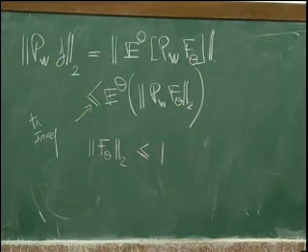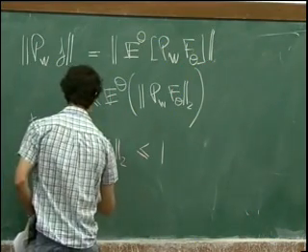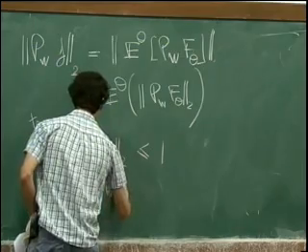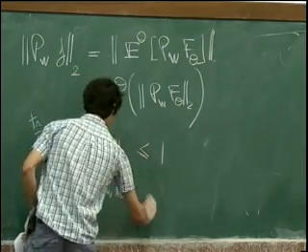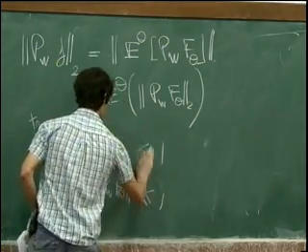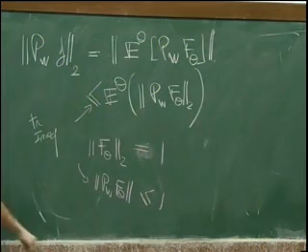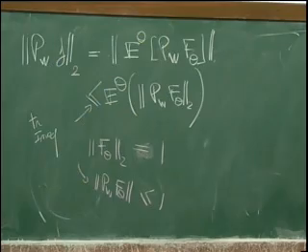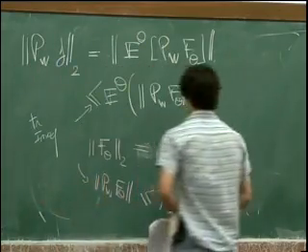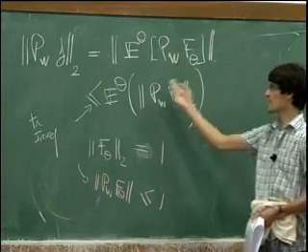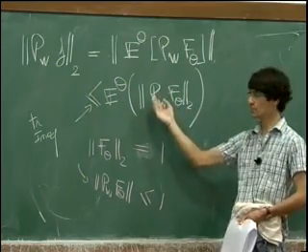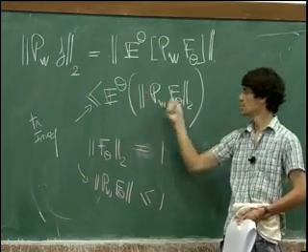The projection doesn't increase the L2 norm, so the projection of your f of theta is also less than 1. The only thing we have to notice is that for most values of theta, this thing is actually 0.